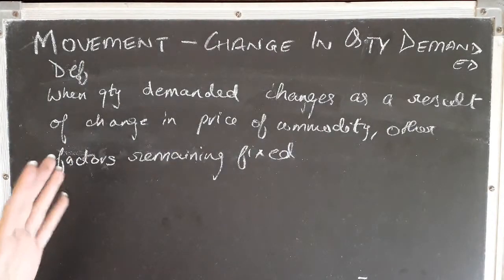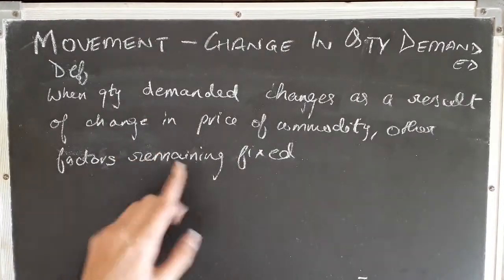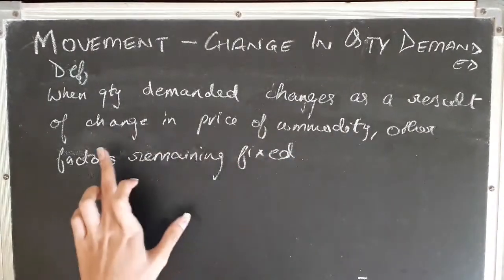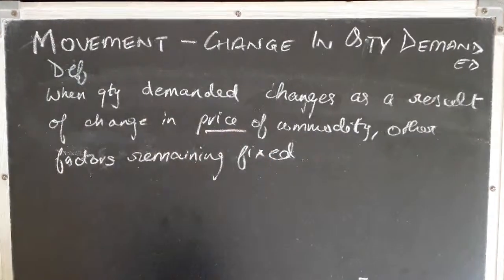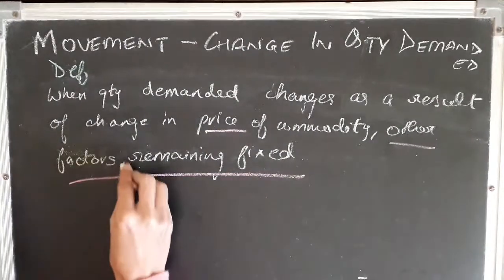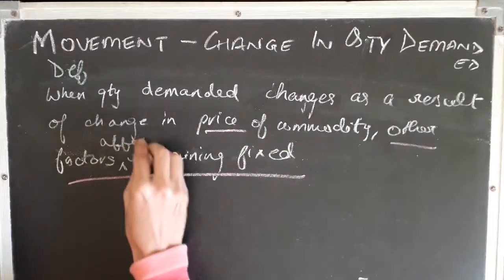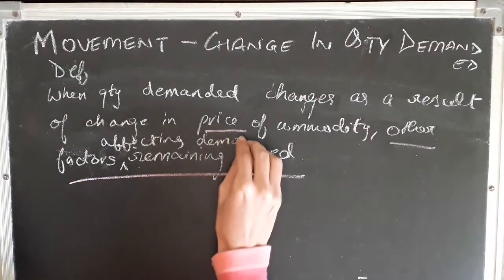Now, movement along the demand curve is defined as when quantity demanded of a commodity changes as a result of change in the price of the commodity, other factors affecting demand remaining fixed.